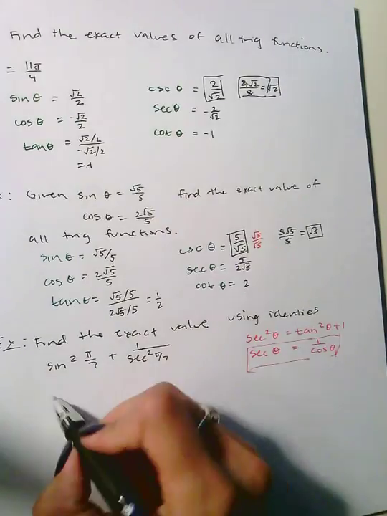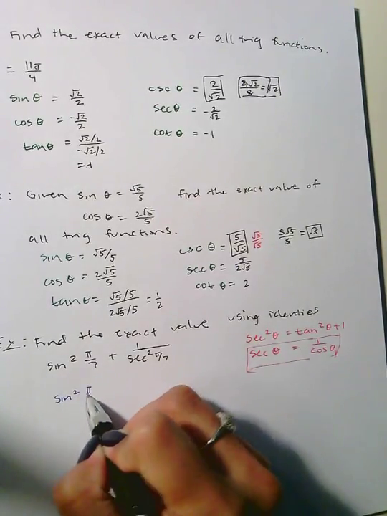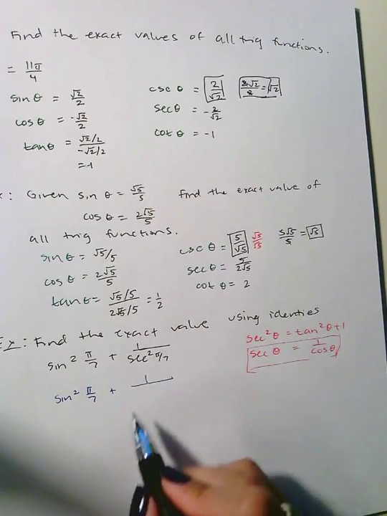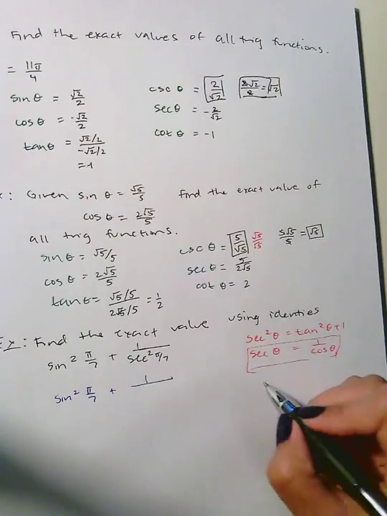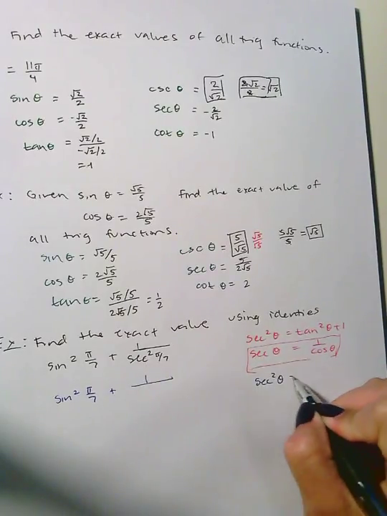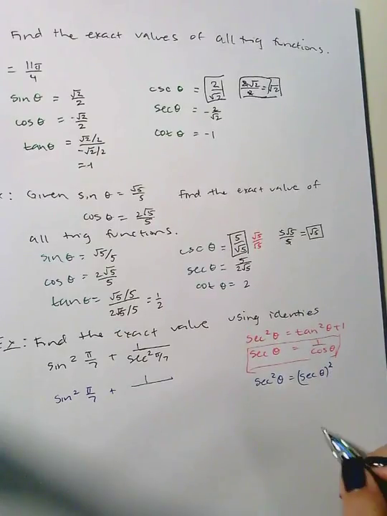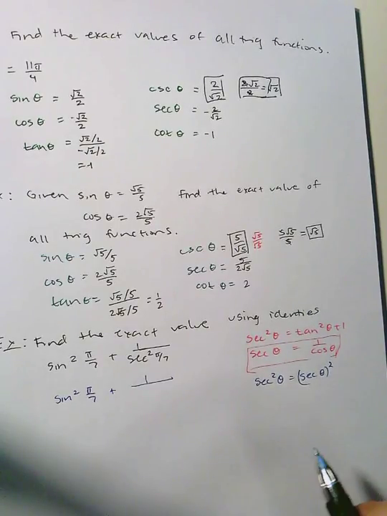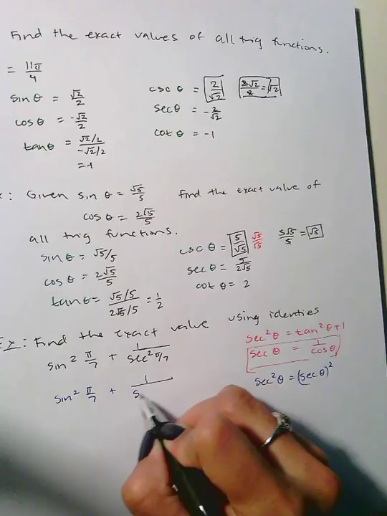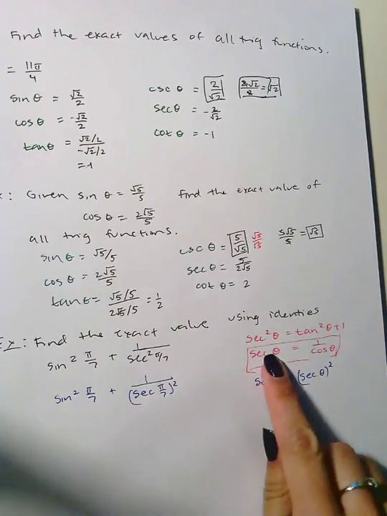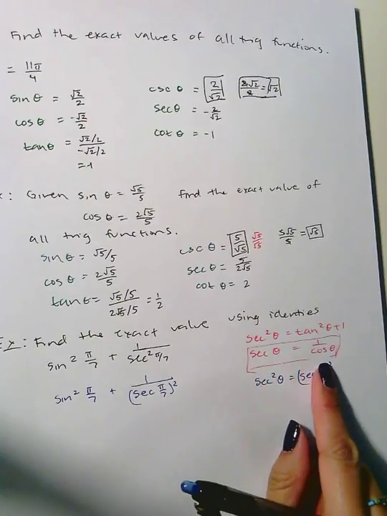So this is equal to sine squared of pi over 7 plus 1 over, instead of secant squared, I can rewrite secant squared of theta as secant of theta, and this quantity is being squared. So this is secant of pi over 7 squared, and we know that secant of theta is 1 over cosine of theta.